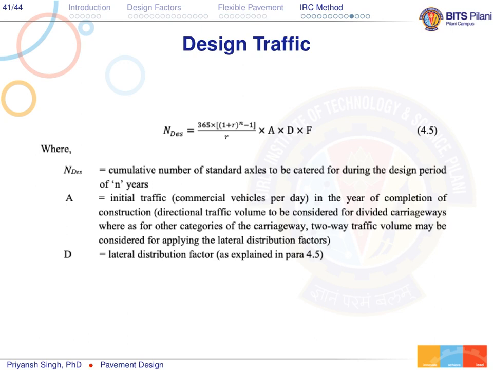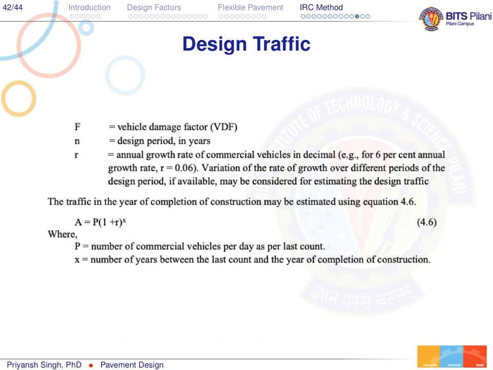The design traffic can be estimated using this formula, where A is the initial traffic, D is the lane distribution factor, F is the vehicle damage factor, N is the design period in years, and R is the annual growth rate for commercial vehicles.